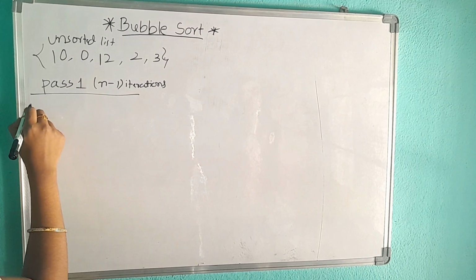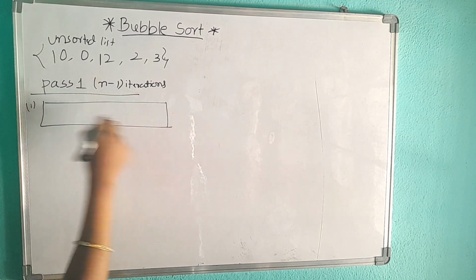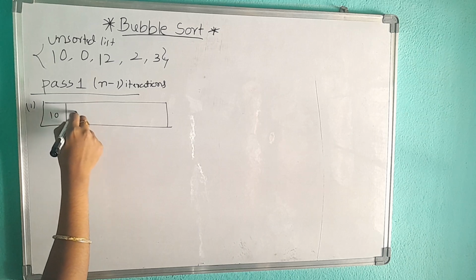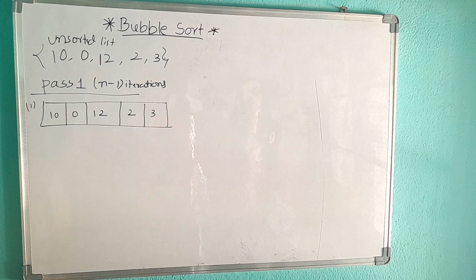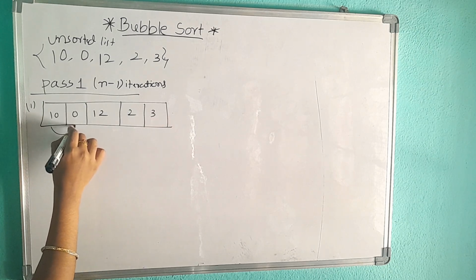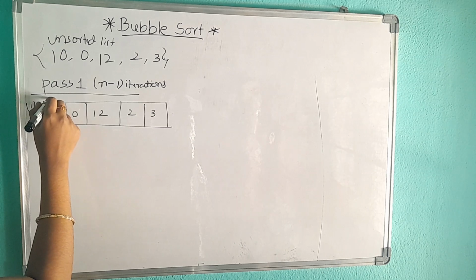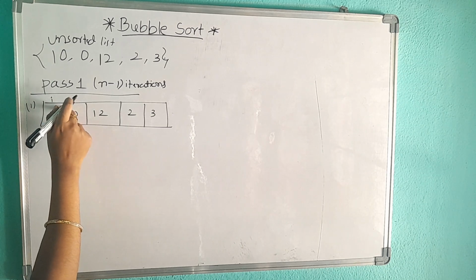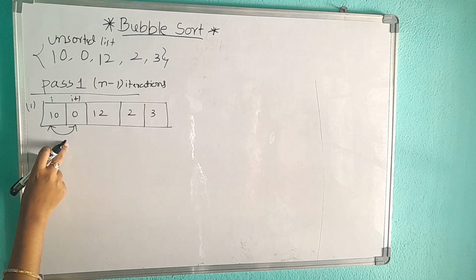Therefore, in the first iteration, the list is like this: 10, 0, 12, 2, 3. In bubble sort, we will compare adjacent elements. If element I is greater than I plus 1, we have to swap these elements.